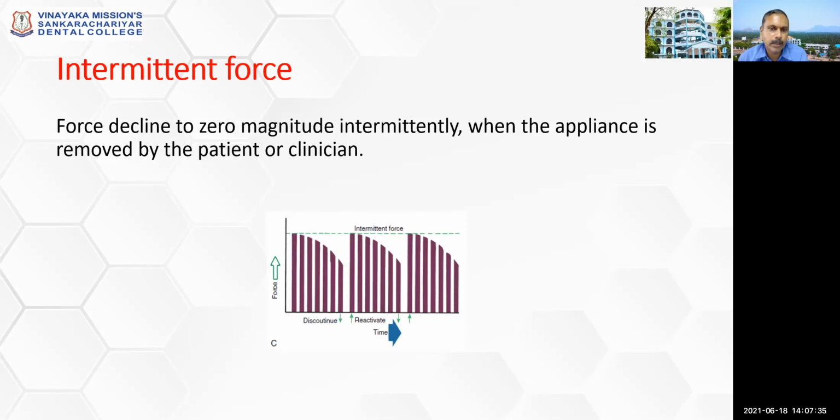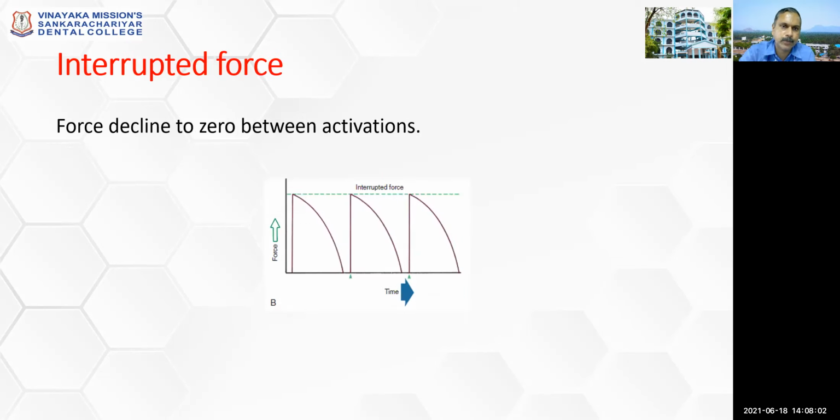That is why it is called intermittent force. So in the graph, you see spaces in between. Any time the appliance can be removed and the force discontinued, it can be reactivated, and in due course that goes on with time. That is regarding a removable orthodontic appliance which can be removed by the will of the patient.